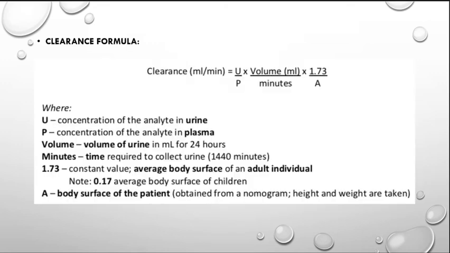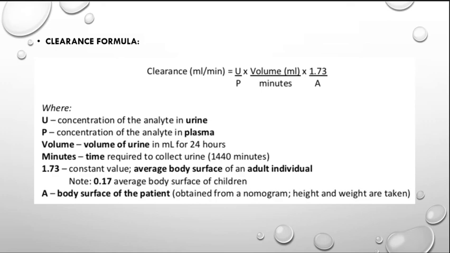Okay, next. Clearance formula. So we have here clearance expressed in milliliters per minute is equal to U over P times volume over minutes times 1.73 over A, wherein U is the concentration of the analyte in urine, P is the same but in your plasma, and then volume of urine for 24 hours, minutes automatically 1,440 minutes, guys.